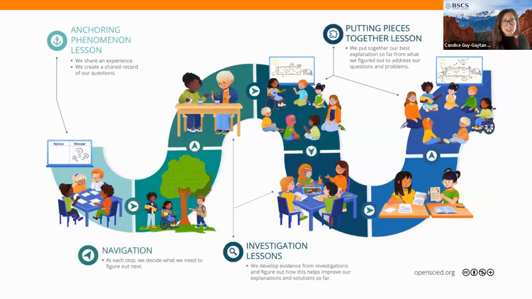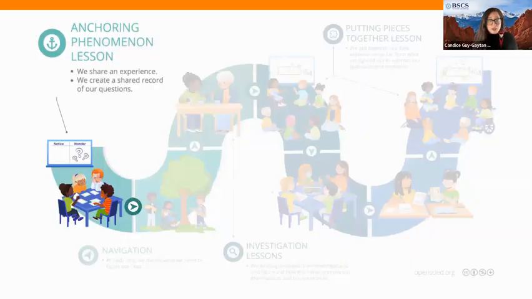So as I take us on this journey into the 4.2 unit, I am going to highlight how each of the lessons relates to our storyline instructional model that you see here. This is the instructional model upon which all of the Open SciEd units are built. And we're going to kick off our introduction by spending a little longer talking through the anchoring phenomenon lesson, because this is what launches our learning and what motivates us to want to know more about electricity.